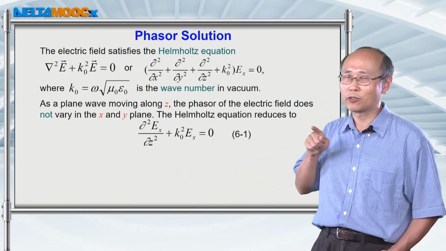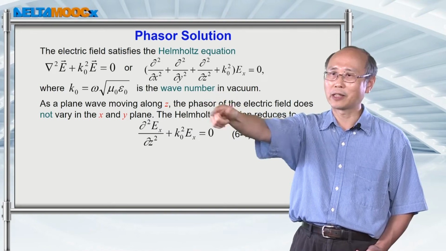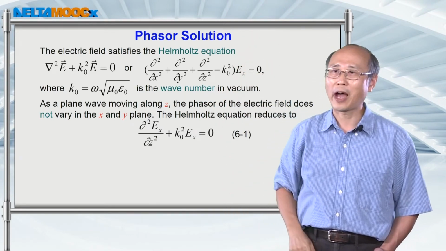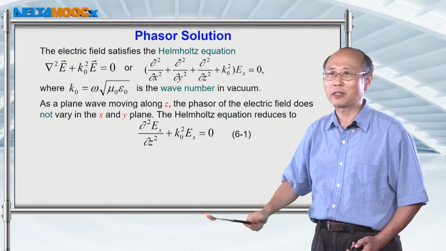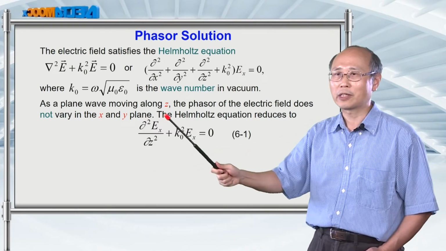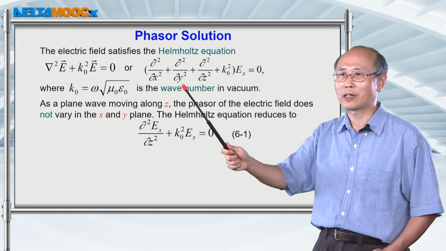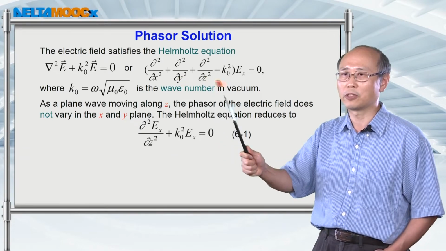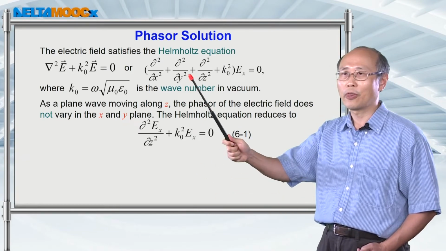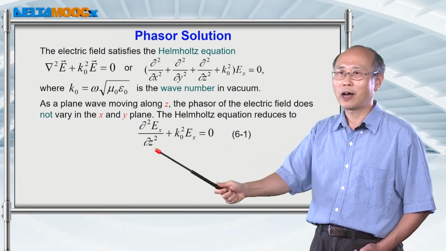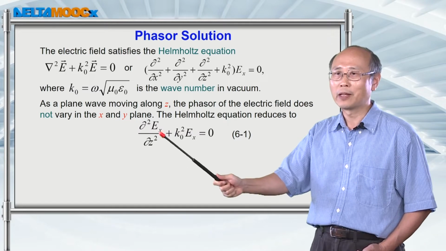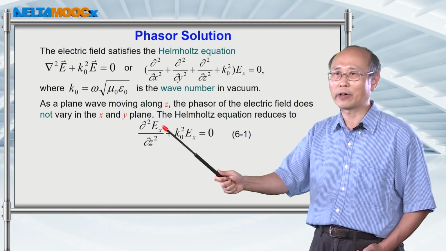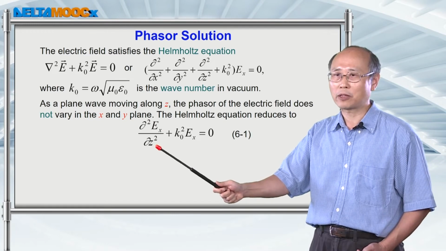Basically, when you propagate a wave along some direction, and on the wavefront for plane wave, you don't have any variations. So this means that with this definition, you can drop the partial derivative with respect to x and also with respect to y. So for these 3 terms, you only have to keep one term, that is the double derivative of Ex, the electric field along x direction, with respect to z.